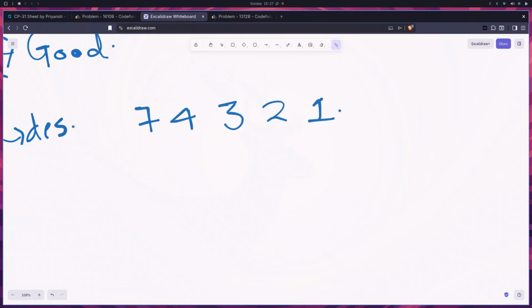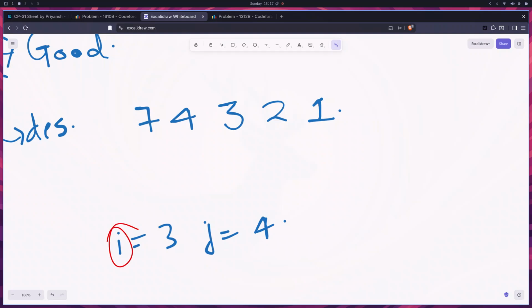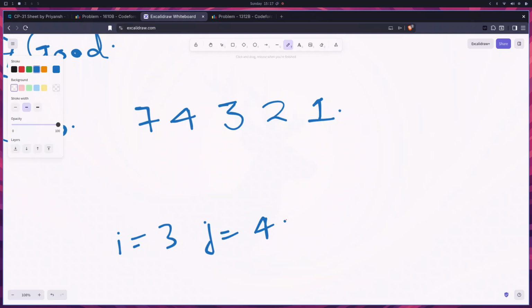Let's check if this is good. So let's say I is equal to 3 and j is equal to 4, because I is the one which is the lower index and j will be the one which has the higher index, and the indexes are 0 1 2 3 4. These are the indexes.